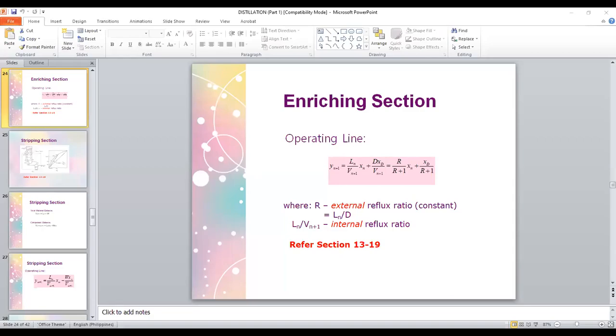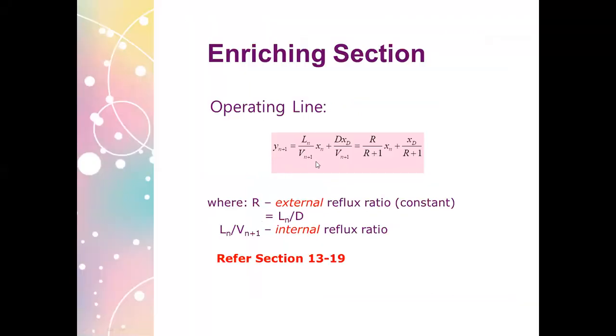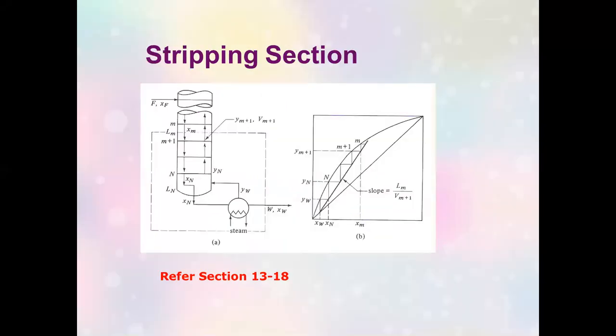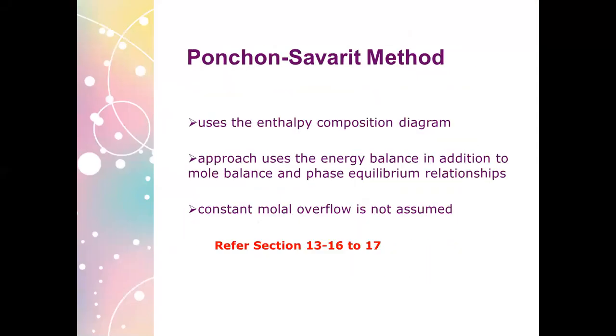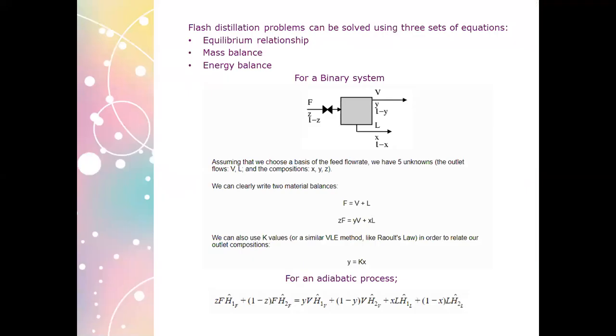Do you see my screen for the operating line equation of the enriching section? What you need here is the reflux ratio and the mole fraction of the distillate. This is your enriching section operating line. The only unknowns you will have here, Josh, are x and y. The rest are all known. So you have an equation of y in terms of x. Now, next you will use the equation for the Q line.